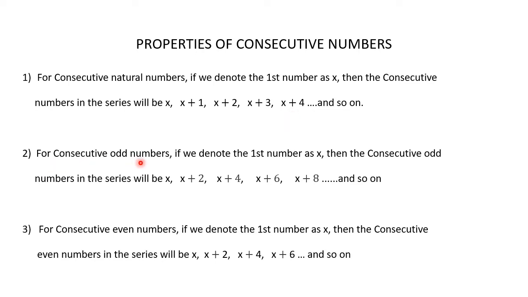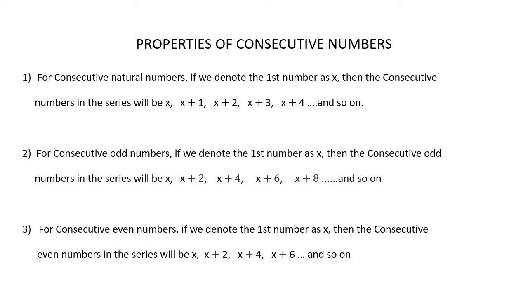For consecutive odd numbers, if we denote the first number as x, then the consecutive odd numbers in the series will be x, x plus 2, x plus 4, x plus 6, x plus 8, and so on. For consecutive even numbers, if we denote the first number as x, then the consecutive even numbers in the series will be x, x plus 2, x plus 4, x plus 6, and so on.